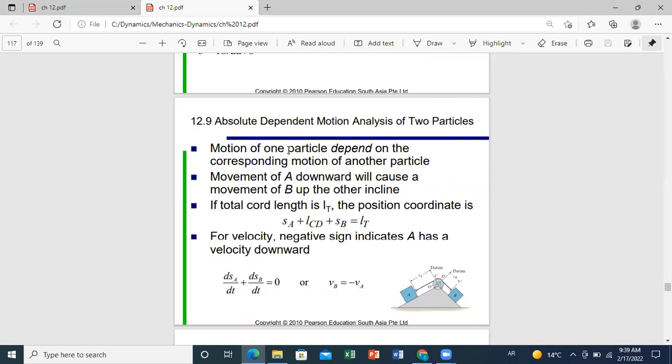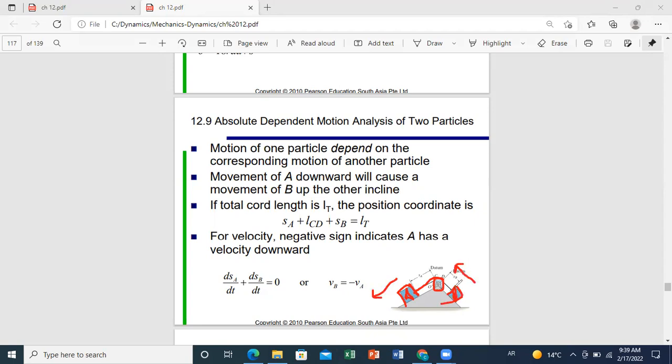So the motion of one particle can depend on the corresponding motion of another particle. For example, in the following figure, motion of A downward. If you take the following simple system, you have one pulley connecting two objects, body A and body B. As A moves down here, B will go upward.